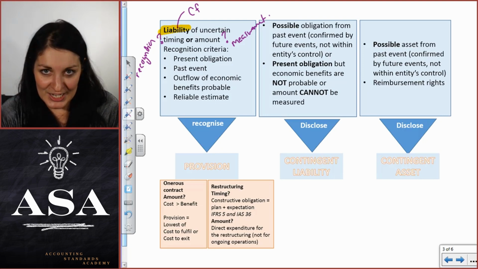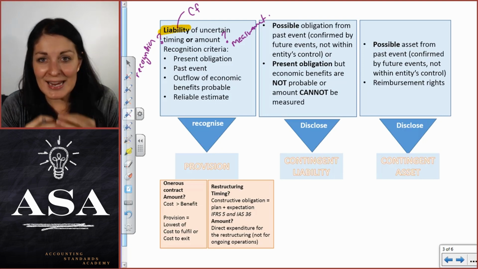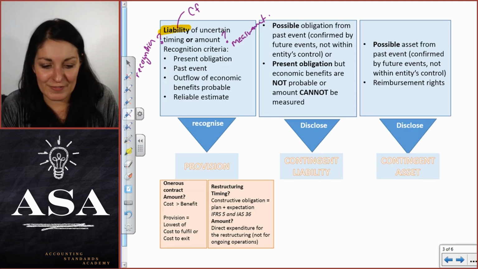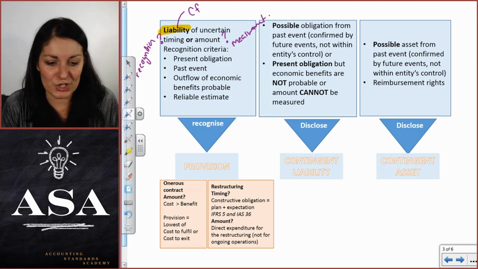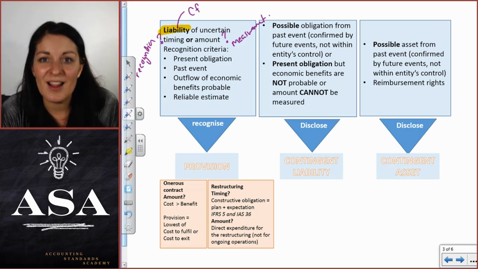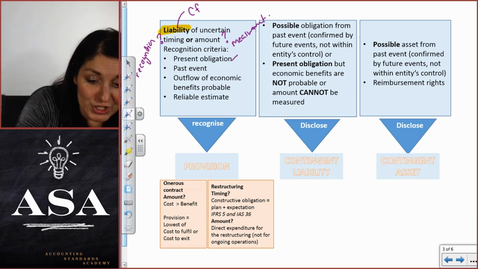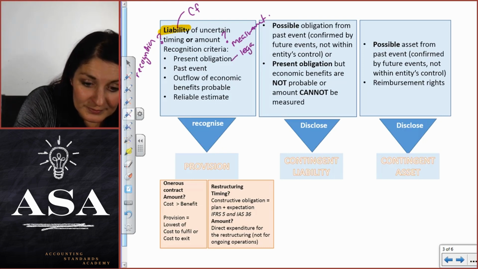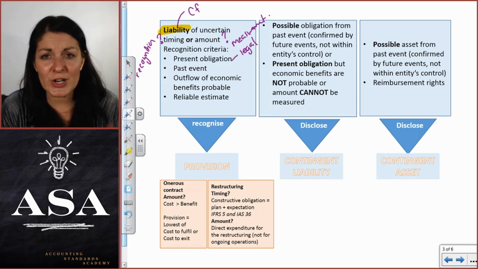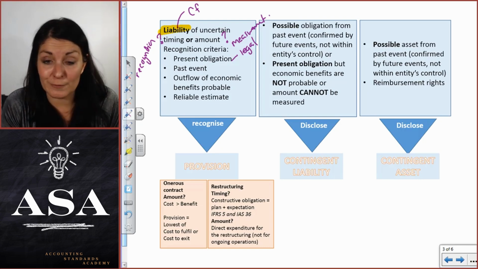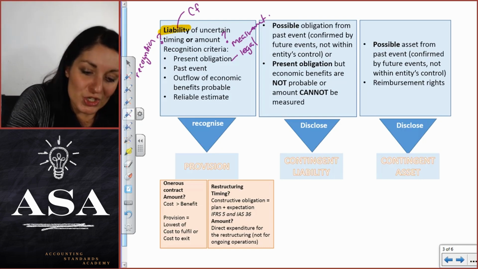A present obligation. So that is, in essence, part of your definition of a liability. So there should be an obligation. And we said there's no question about that. That is not where the problem is. This present obligation could be a legal one. Okay, so in terms of a contract or by the operation of law, or it could be constructive.